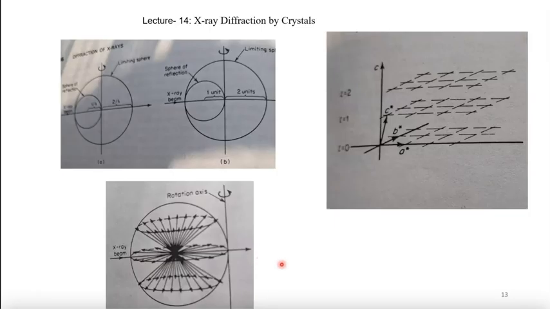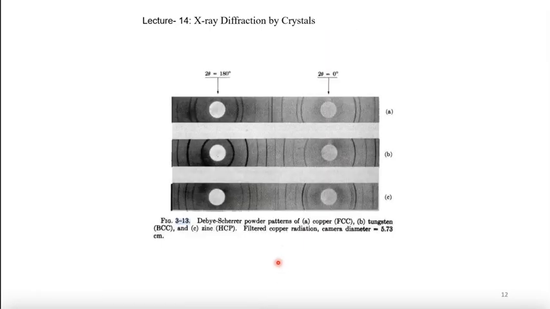With this we stop here, and we will take more techniques like the linear camera and the diffractometer. We will take the working principle of the linear camera, as well as the linear focusing camera plus the diffractometer.